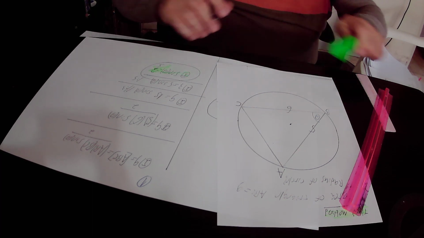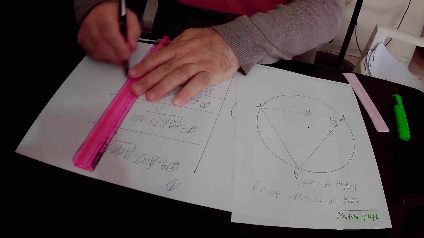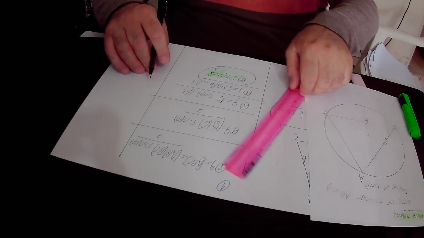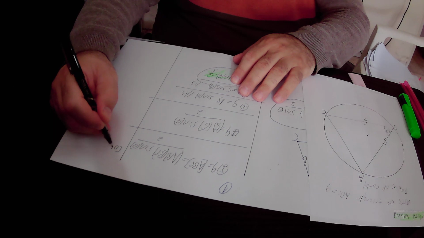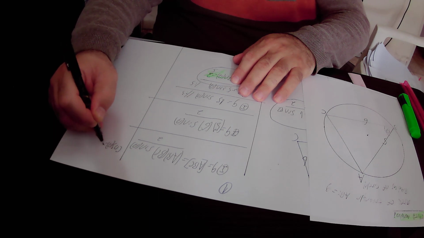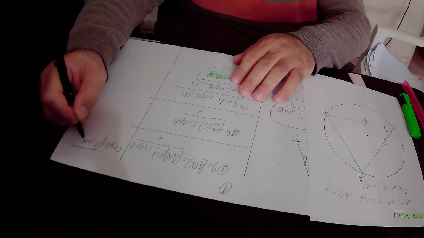We also have the trigonometric identity. According to the following trigonometric identity, cosine theta equals the square root of 1 minus sine squared theta.